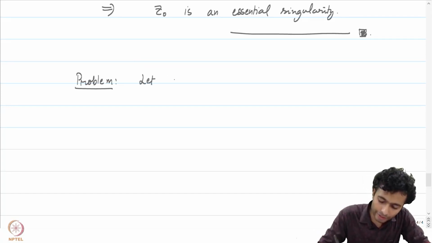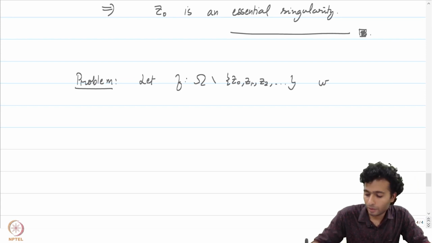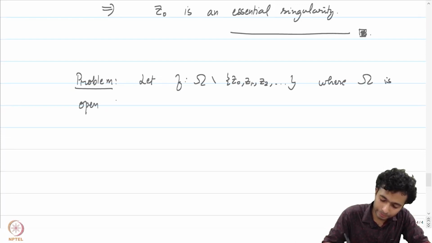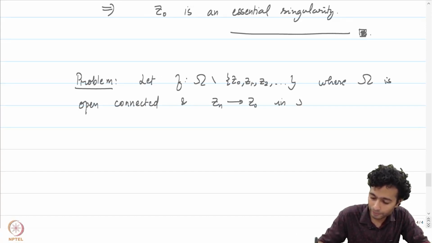So let f be a function from omega minus {z0, z1, z2 and so on}, where omega is open connected and zn is a sequence which converges to z0 in omega.